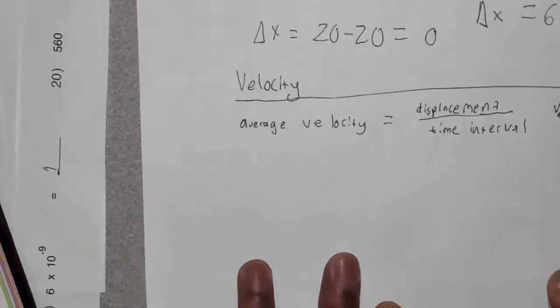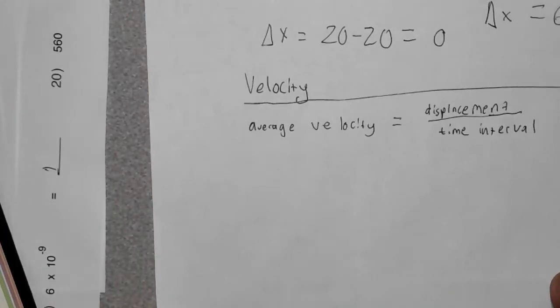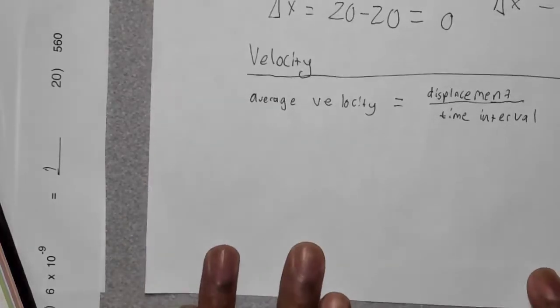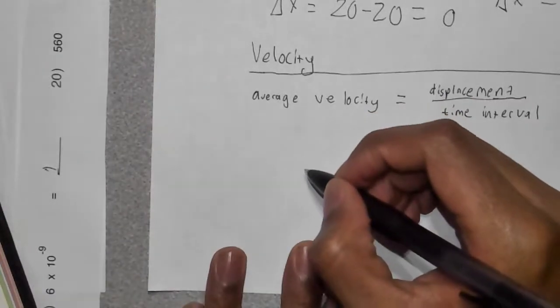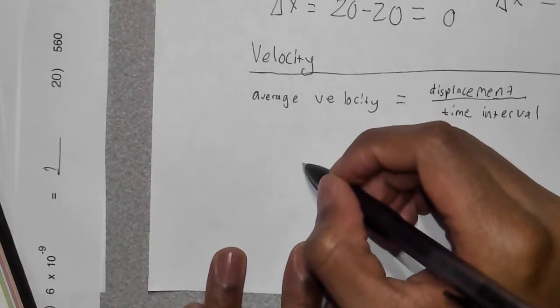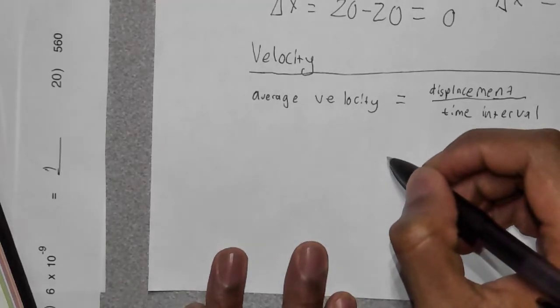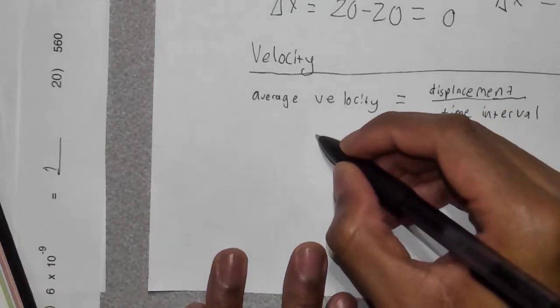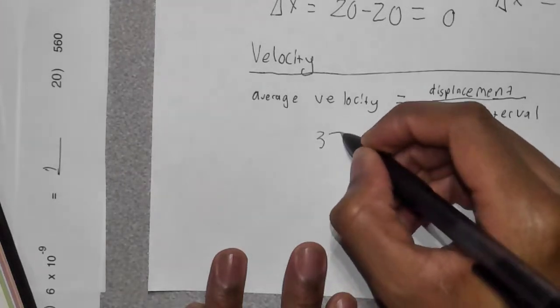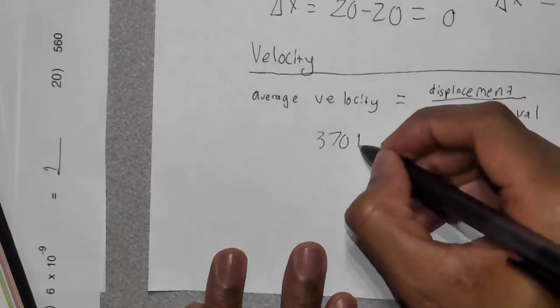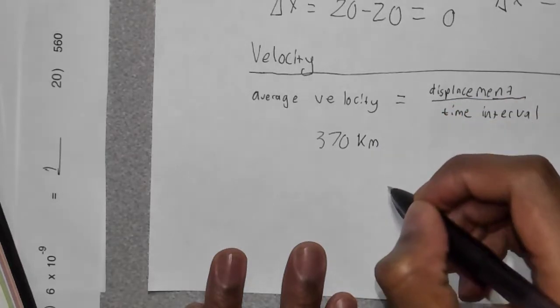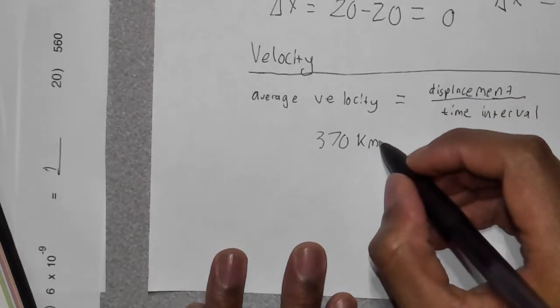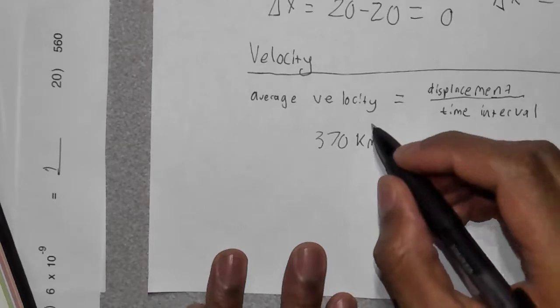So let us look at a problem with velocity. If you are driving to your friend's house, you're going 370 kilometers west. It takes you 5 hours.